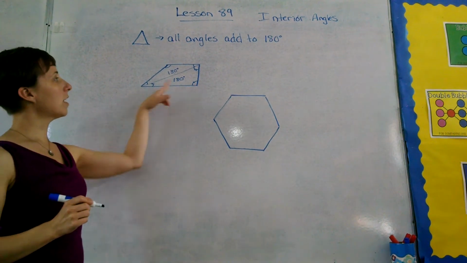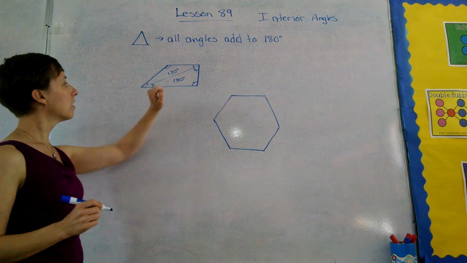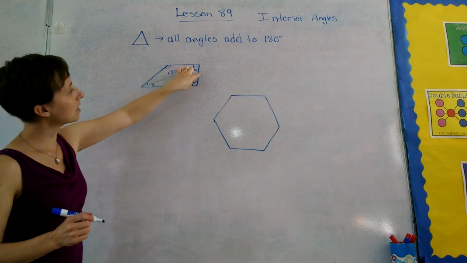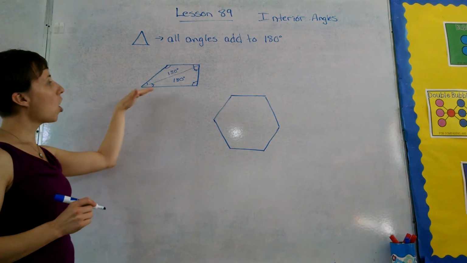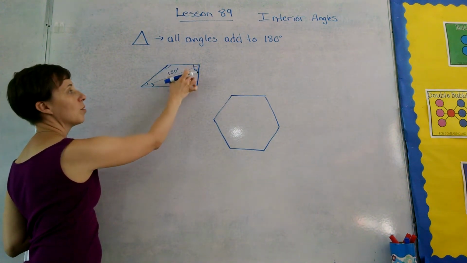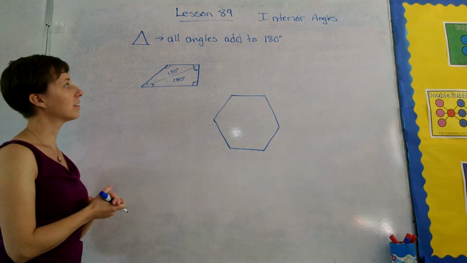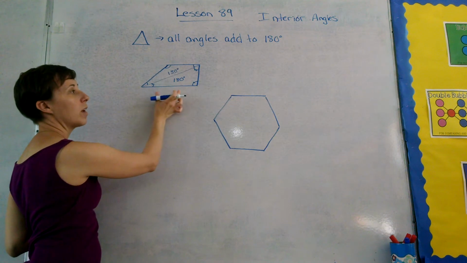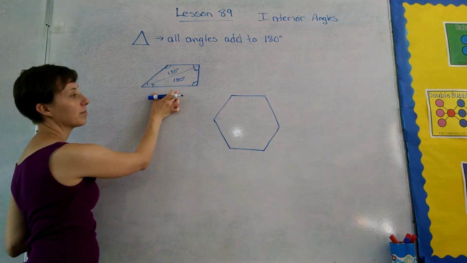So while I don't know what each individual angle is, I know that if I took these together, plus this, plus this, plus this, all four angles would add up to 180 plus 180. In other words, all four angles of my trapezoid would add to 360.